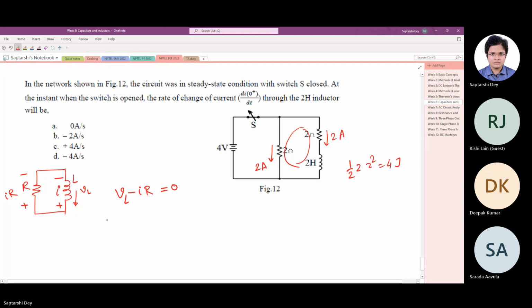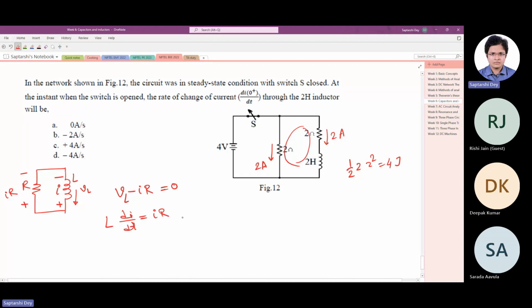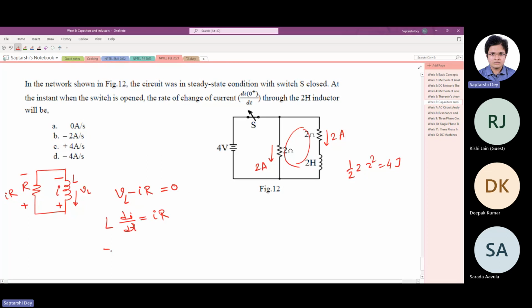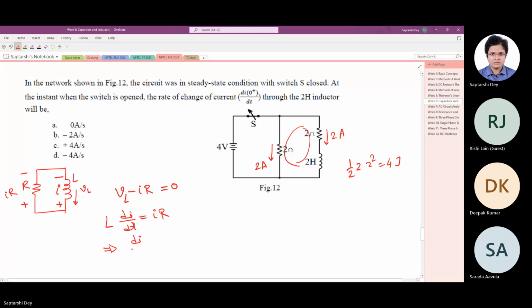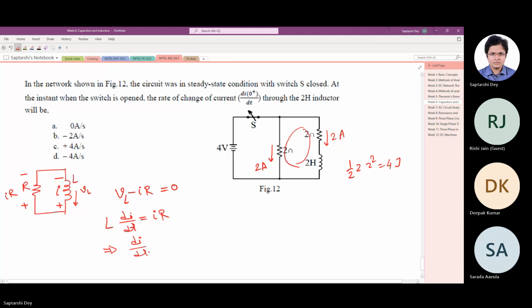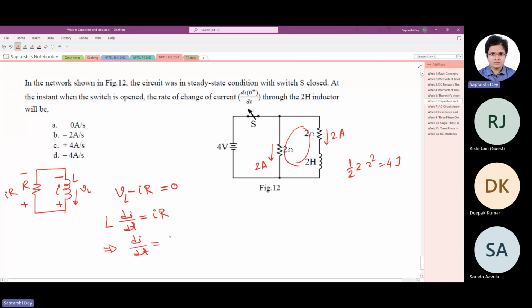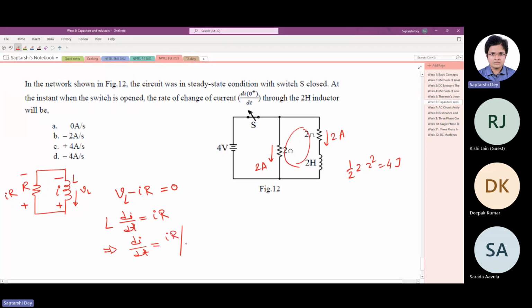So L di/dt is equal to IR. Now what we have is di/dt is IR by L.